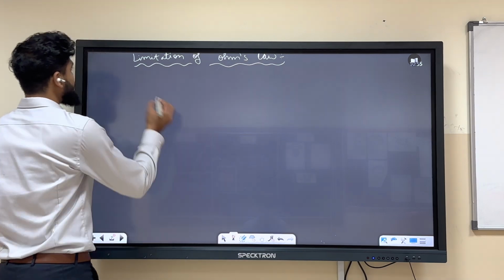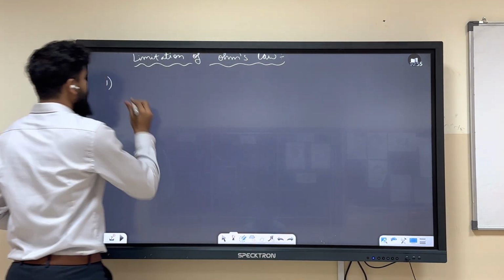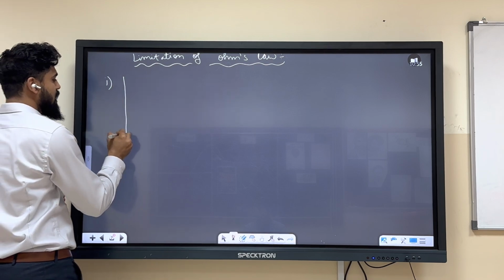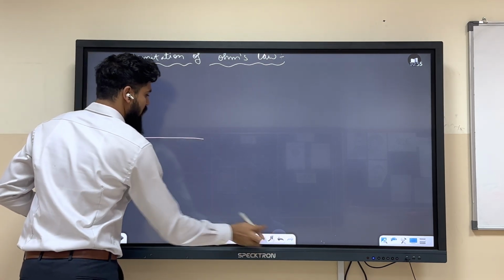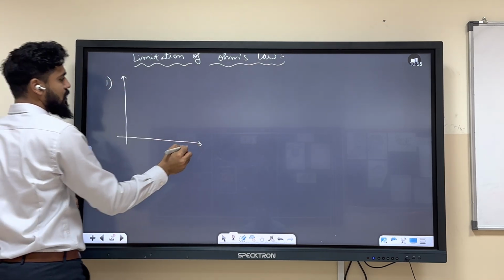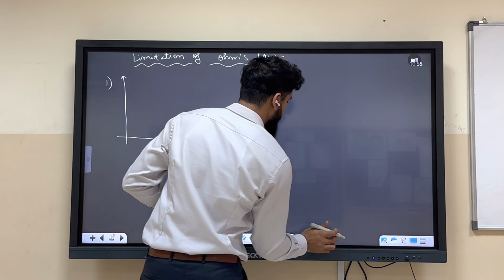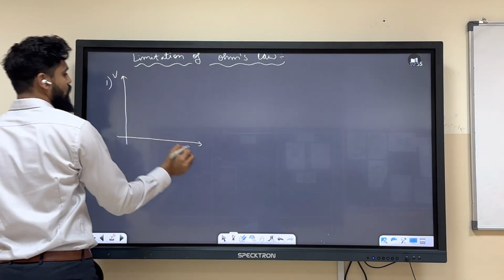The first limitation is that when you increase the potential a lot, or when you are increasing the current a lot, V versus I.